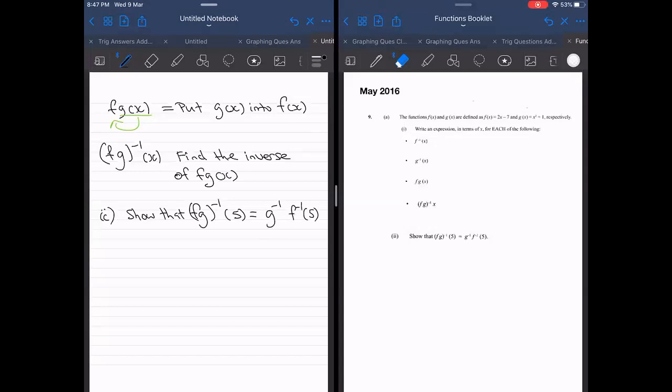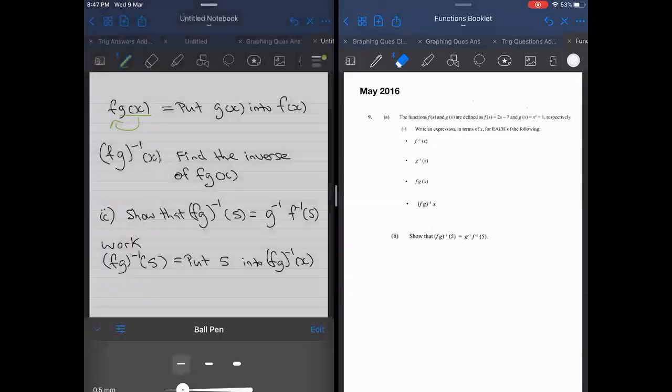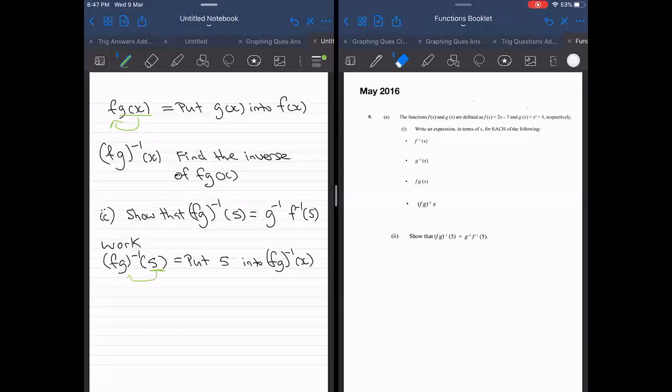So what we're going to do is work f of g inverse of 5, which means put 5 into the inverse. Right? All this is saying, put 5 into the inverse that you're going to find.